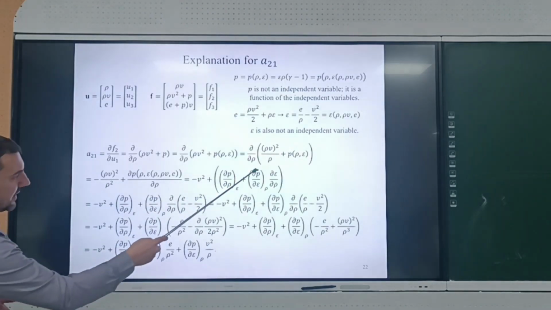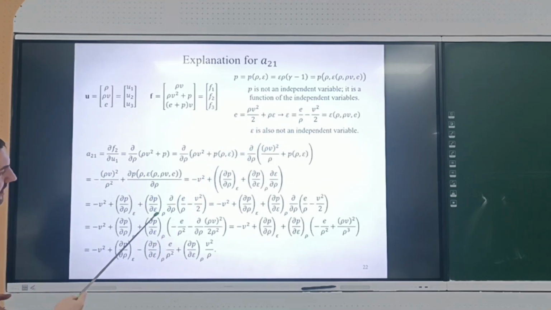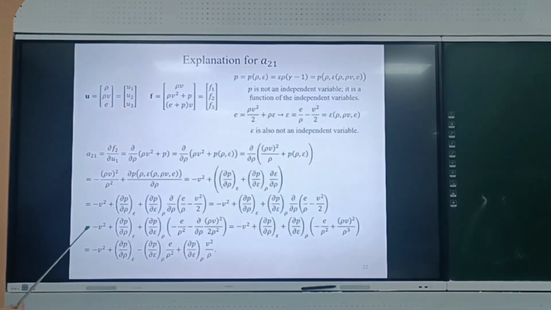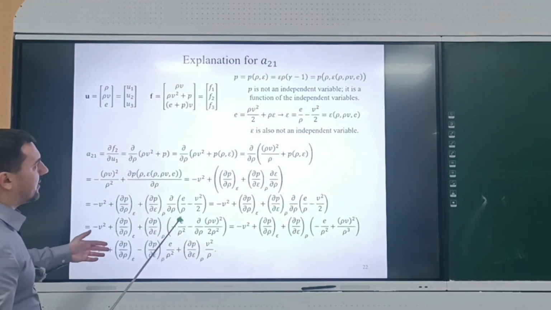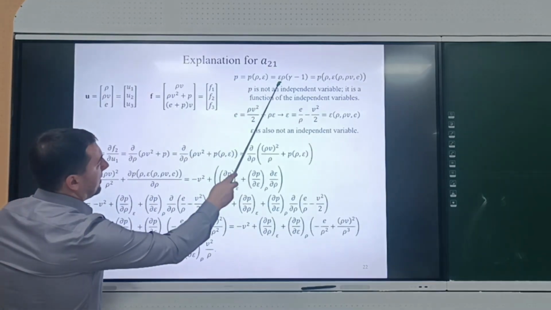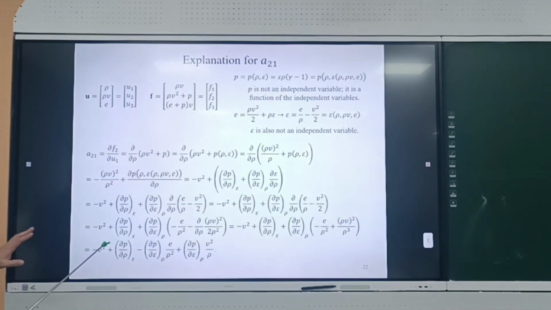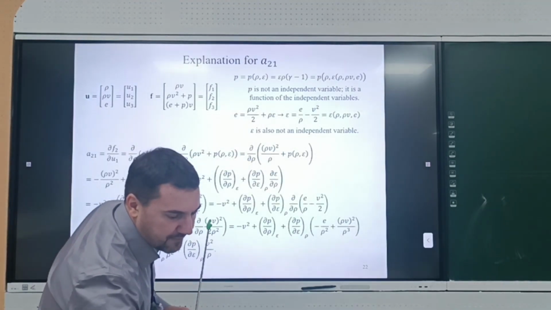Then we take into account that epsilon is a function of rho, rho V, and E, and so on. Then it is very simple mathematics, and finally we get this expression. Again, these formulas are valid for a general equation of state. We could put here, for example, dP over d epsilon equal to rho times gamma minus 1, but we don't do that. We keep all the parameters as in the general case.